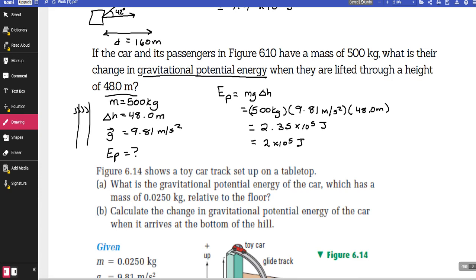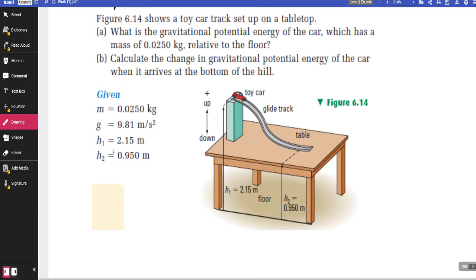And then we have an example from our textbook. This shows a toy car track set on top of a tabletop. What is the gravitational potential energy of the car relative to the floor? So let's look at this. I know I'm finding my potential energy because it's relative to the floor. It asks for the gravitational potential energy, so our EP. So then I know this is the formula that I'm using.